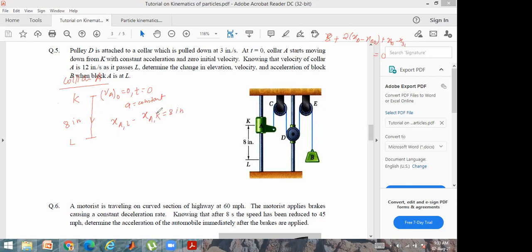So acceleration is constant. That means it is moving with some acceleration. What will be this acceleration? That you can find.